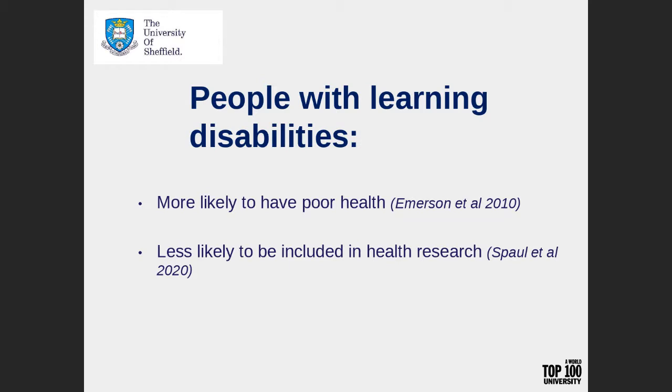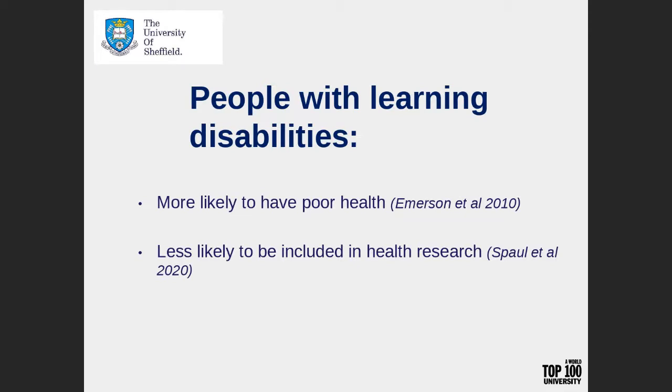So to give you some idea of the extent of this exclusion from health research, in 2019, there was a review of all studies recorded in the NIHR portfolio. So I don't know if there's anybody joining from overseas, but the NIHR is the National Institute of Health Research, and it's the way that the Government Department of Health and Social Care funds health and care research in England.